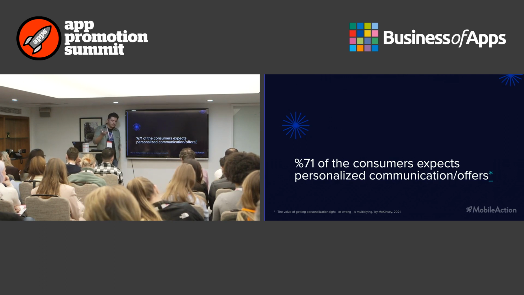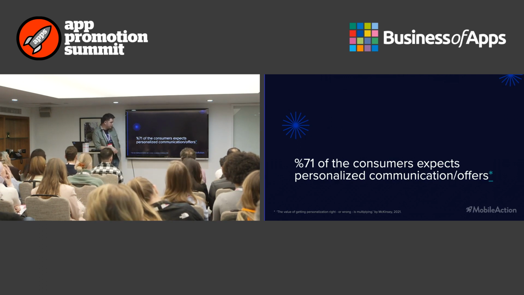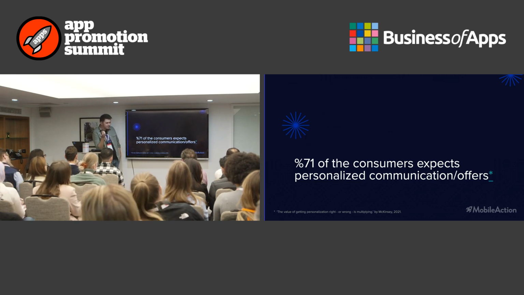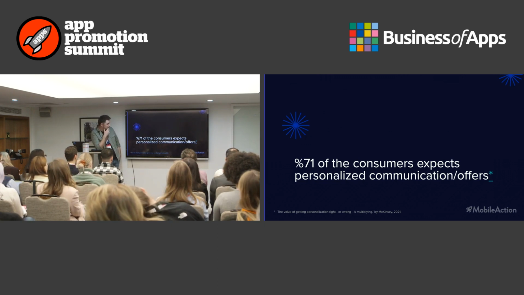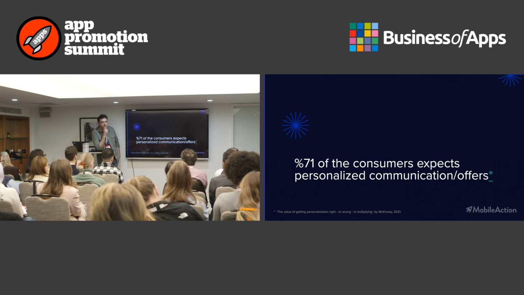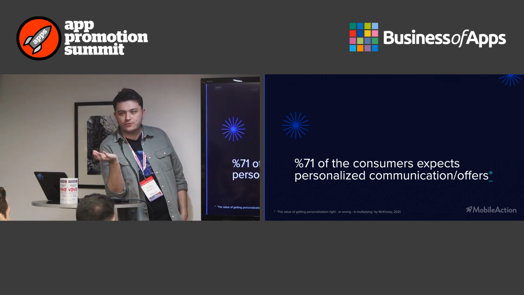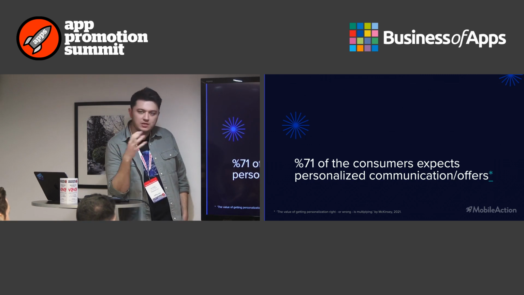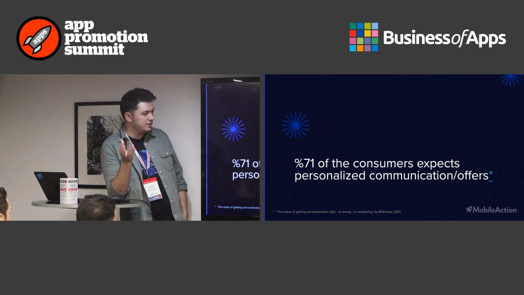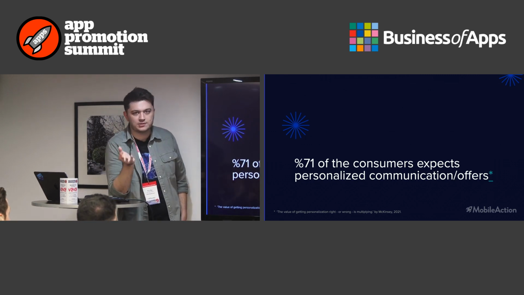So number one, this is research that was done by McKinsey in 2021. Very understandably, despite what the personalized ads opt-in rate suggests, 71% of consumers expect personalized communication and offers. So this applies to your product page too, because that's what you're offering. That's the point where you're showing, here's what I am, here's what I do, here's the thing that you're going to be able to get out of my product specifically.